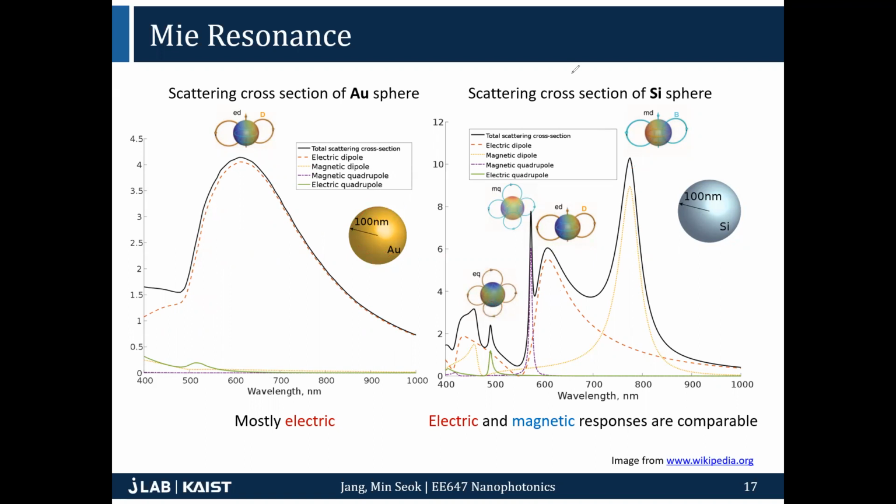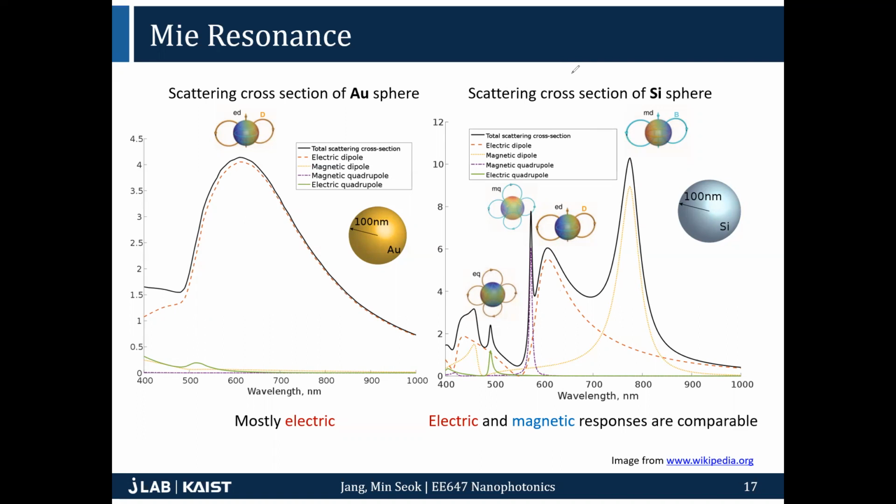Okay, Kim Chae-yoon asks, can doping concentration of a semiconductor affect the total scattering cross-section of the sphere? Yes, this is a very nice question. In principle, of course, the doping concentration of the semiconductor affects the total cross-section.